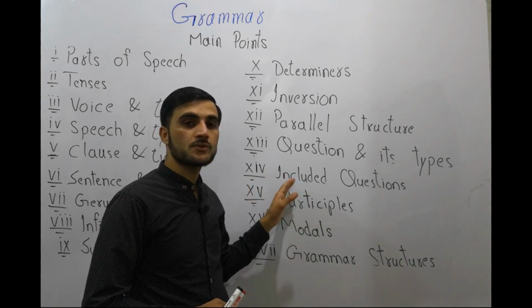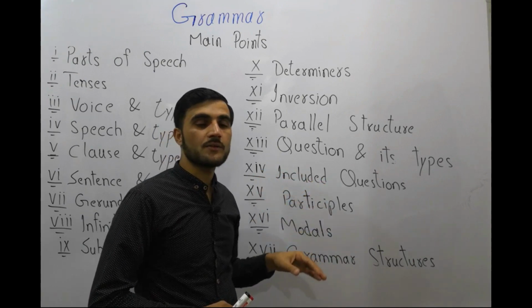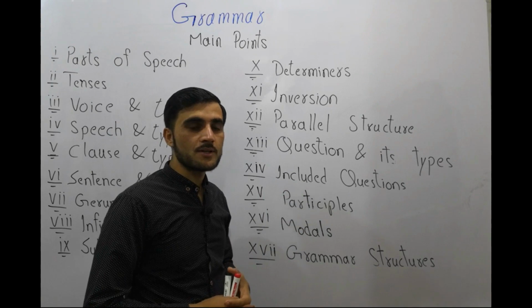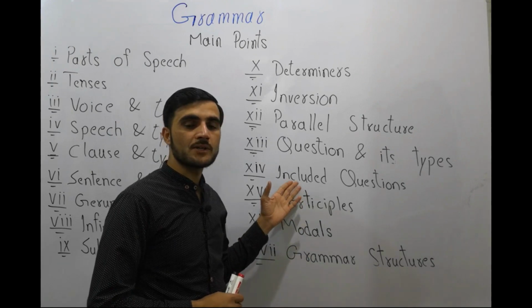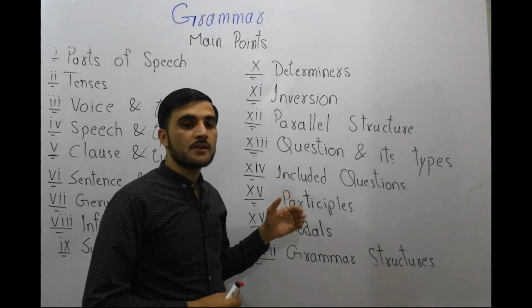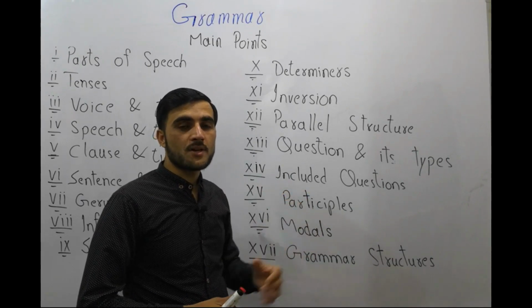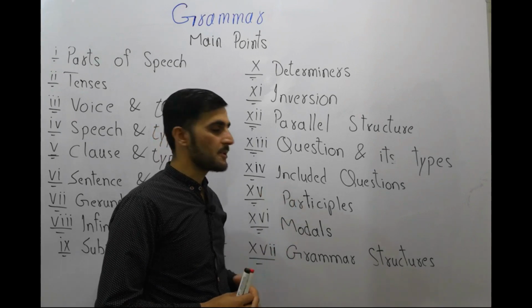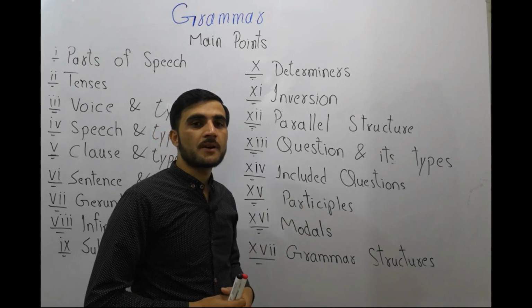In one way we use a direct question, in another we use an indirect question. So that's also very important. If you use embedded questions in your speaking, it really gives a positive impression on the listener, and it really decorates your speaking.